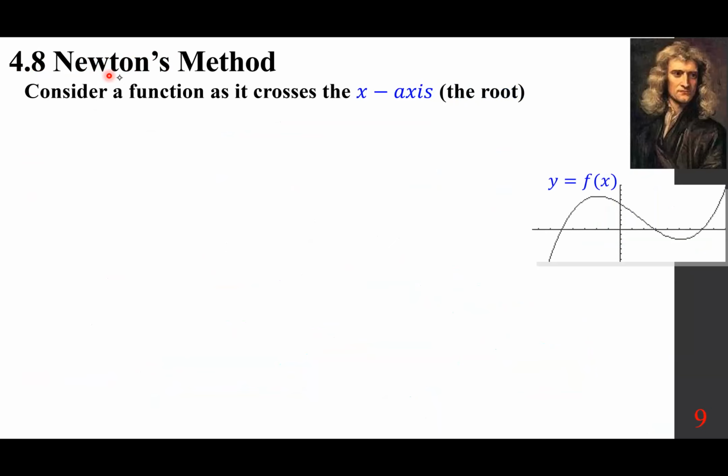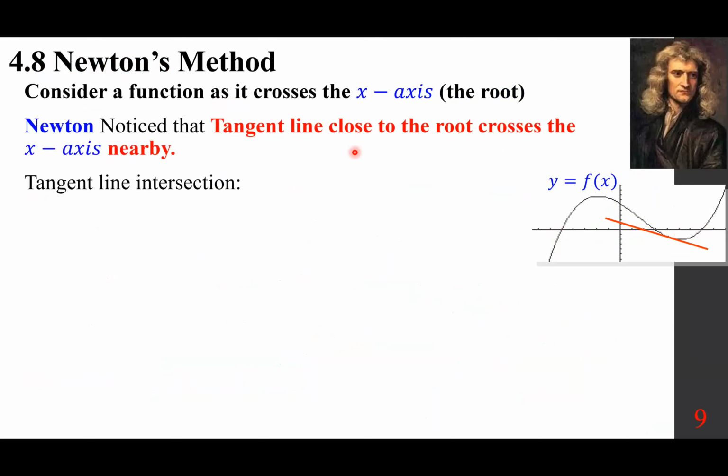Newton's method. Consider a function as it crosses the x-axis. So this function, here's one root, here's another one, is the x-intercept or the root of the function. Newton noticed that a tangent line close to the root crosses the x-axis nearby. Tangent line intersection.